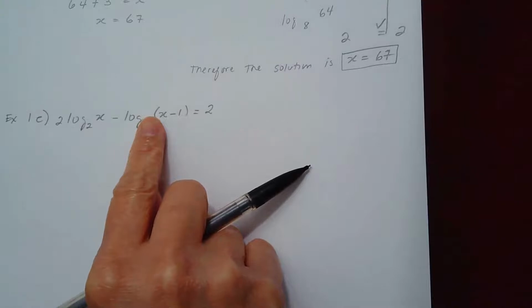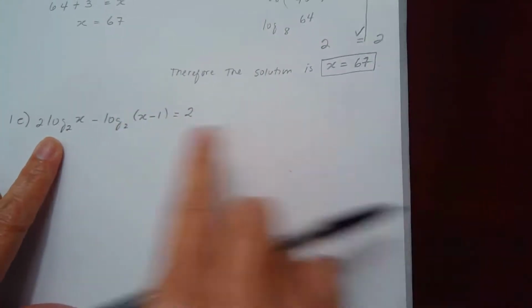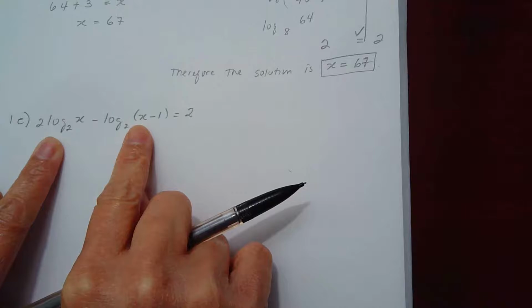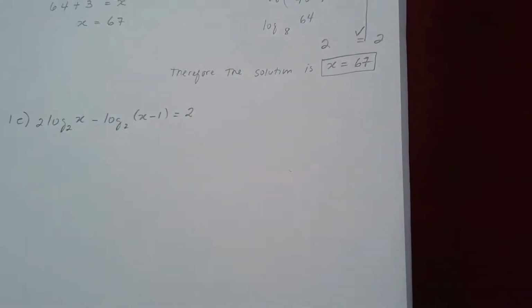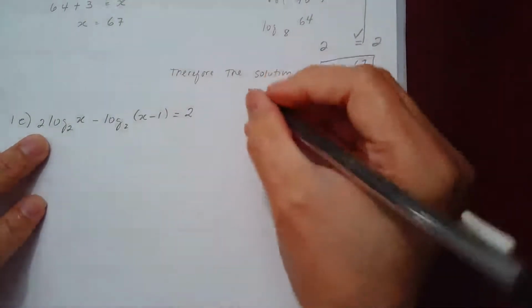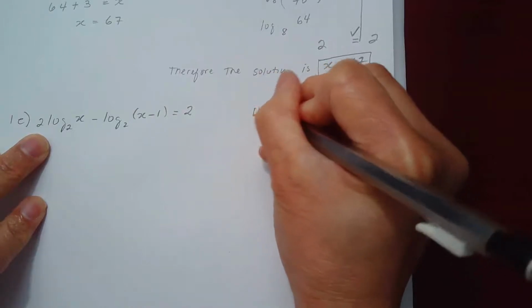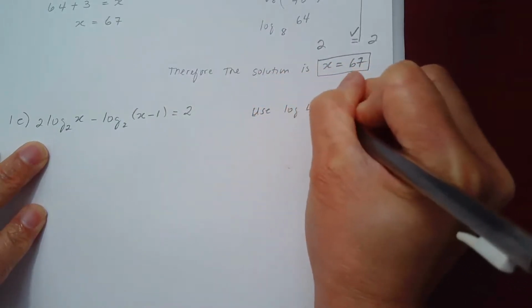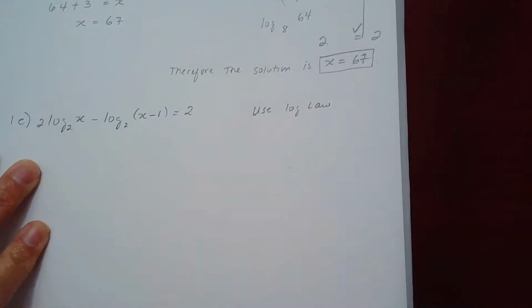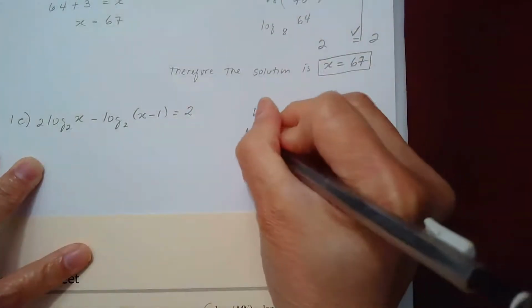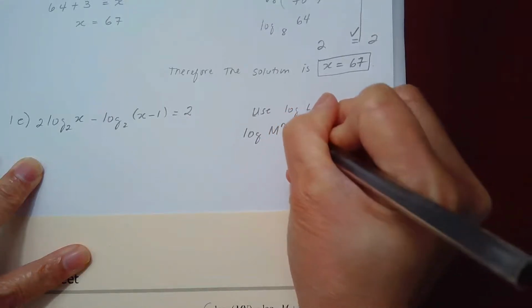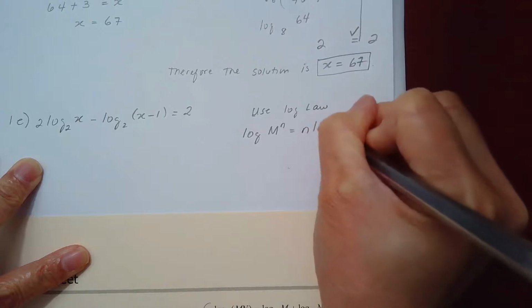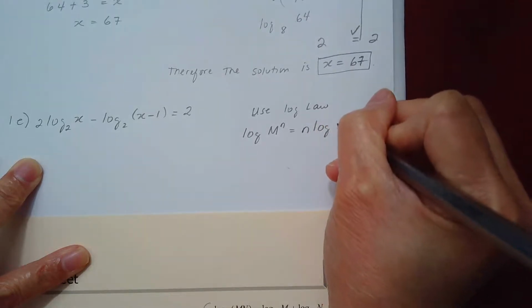Again, we're going to use the laws of logarithm. So this part in here, before multiplying it in, we're going to use the log law for this part in here. Log of m to the n is the same thing as n times log of m.